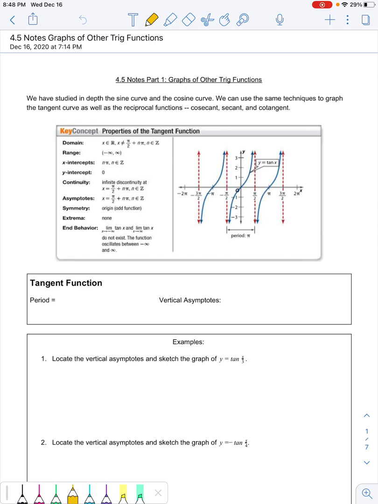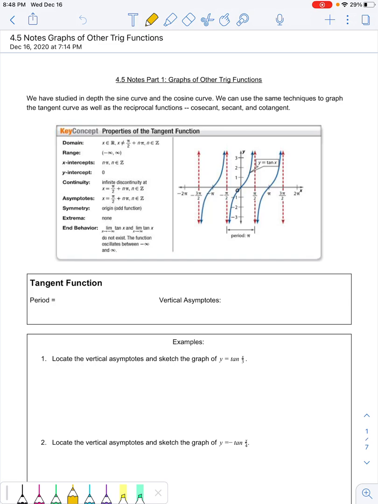I should also say this section is kind of surface level understanding of these functions in a graphical sense. So we're not going to go that deep with them, but at least in this class, you're going to get some experience so that later on, if you're choosing to pursue a career or a course of study that involves more upper level math classes, you're going to have some experience to fall back on.